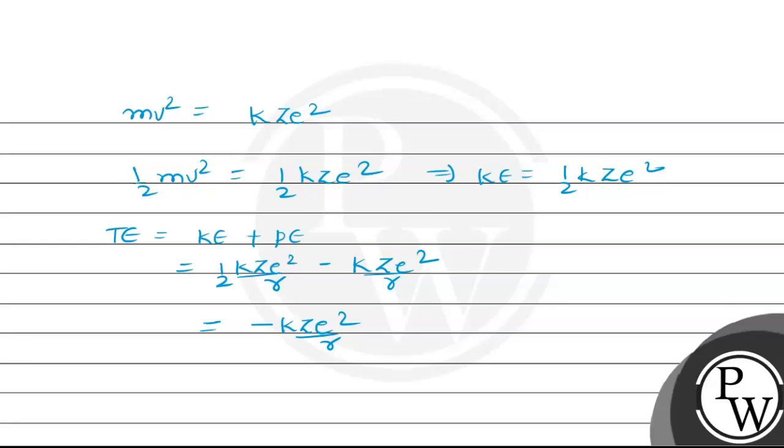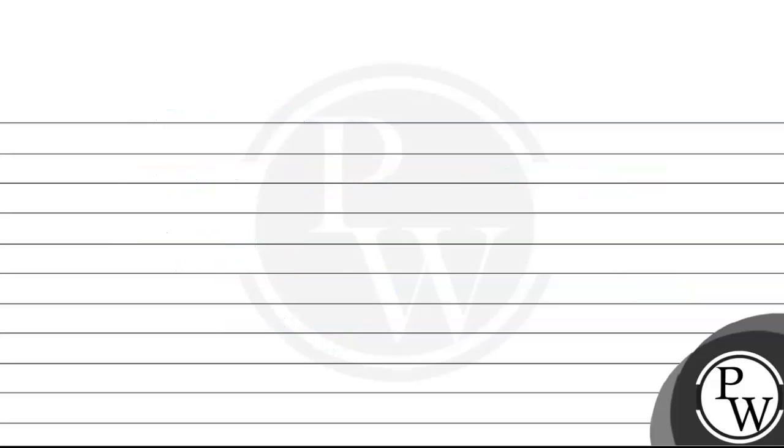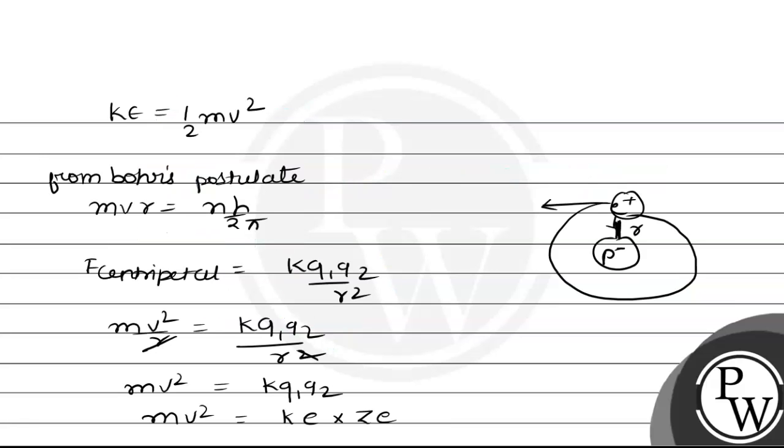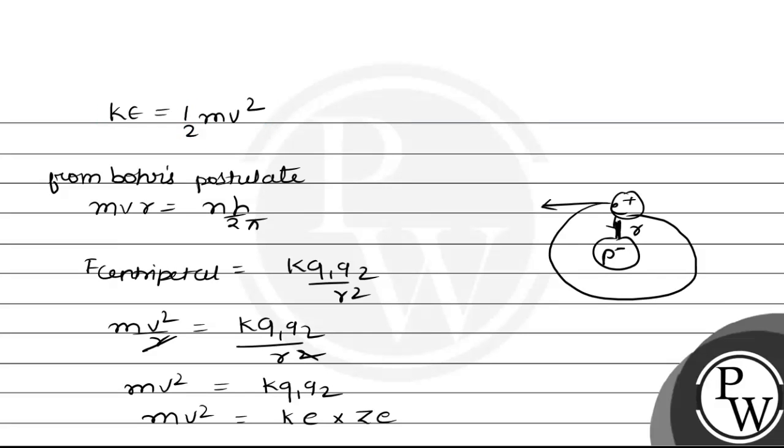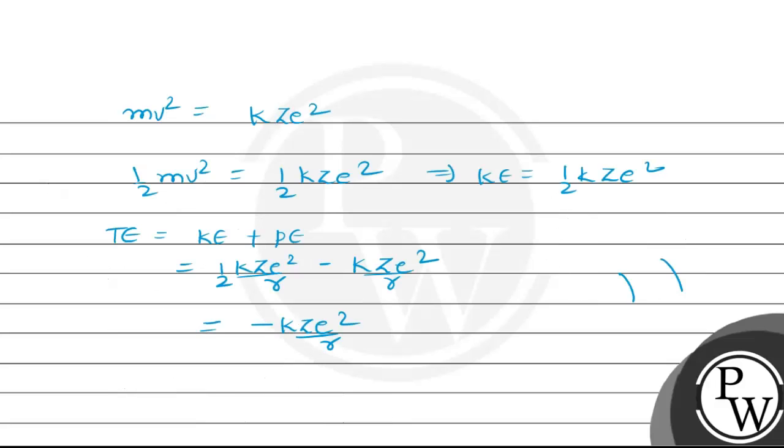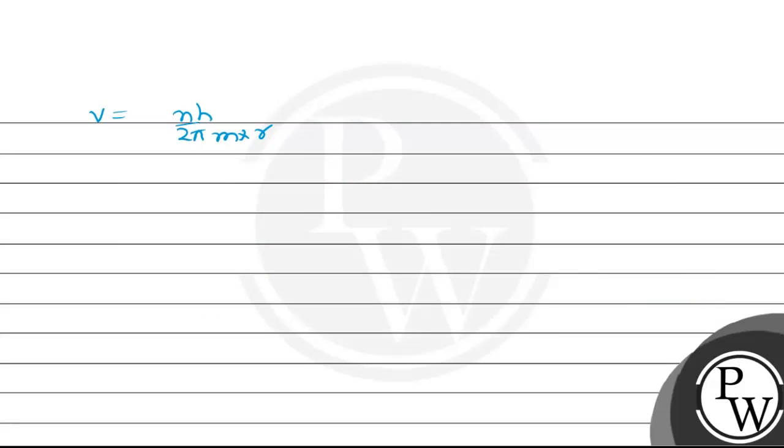But students, we have to calculate r so that we can find the total energy expression in the nth orbit of an electron. So from here we can write mvr equals to nh upon 2 pi. So v equals to nh upon 2 pi m into r, and the value of v we can substitute here in this expression mv square equals to kz e square upon r.